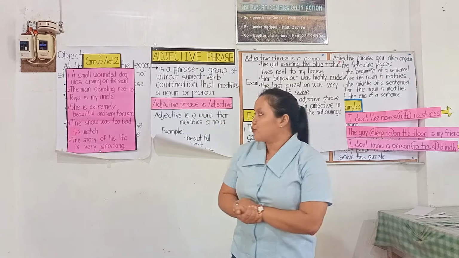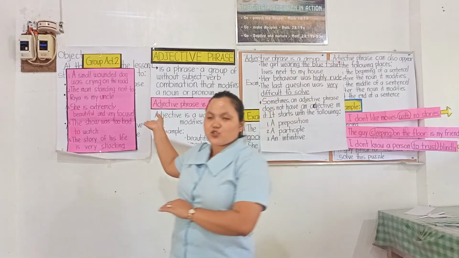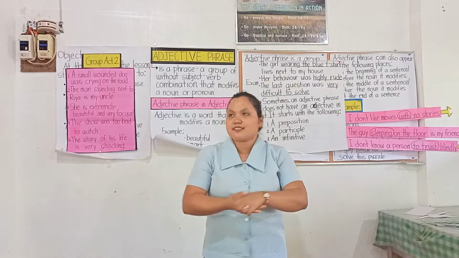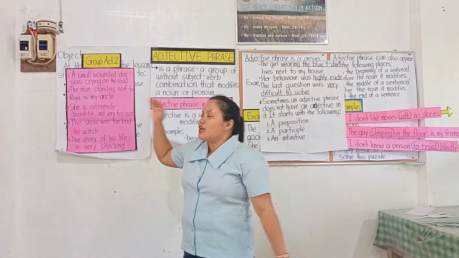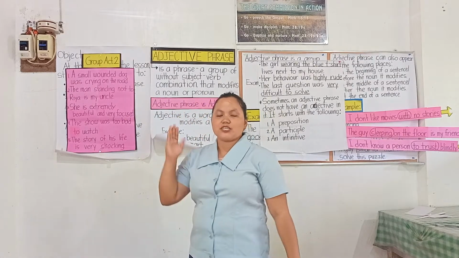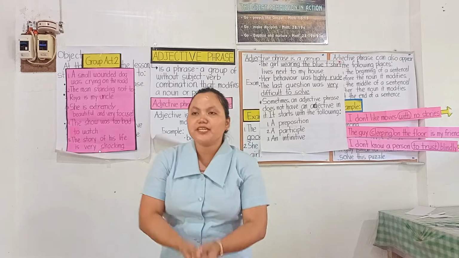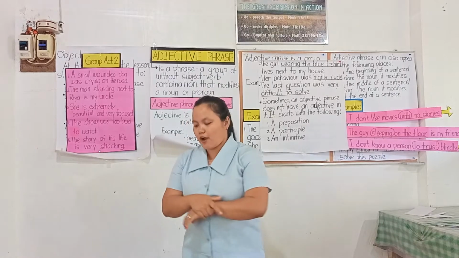Okay, go to your assigned group and answer this silently. Your task is to find and encircle the adjective phrase. I will give you another 5 minutes to do your activity. You may now stop.